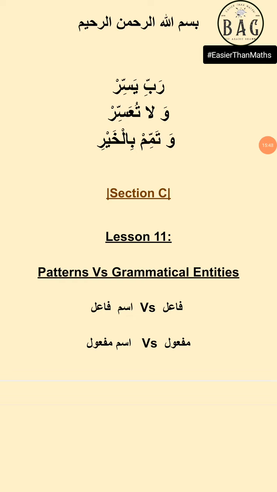Because it is important for you to know what fa'il is and what ism fa'il is, and what is the difference between fa'il and ism fa'il, and how you can never ever conclude an ism fa'il to be a fa'il. Okay, so that is a blunder. Okay, there's no other way of saying that. So that's why you need to know what fa'il and ism fa'il are, and what the differences are that are present between them.